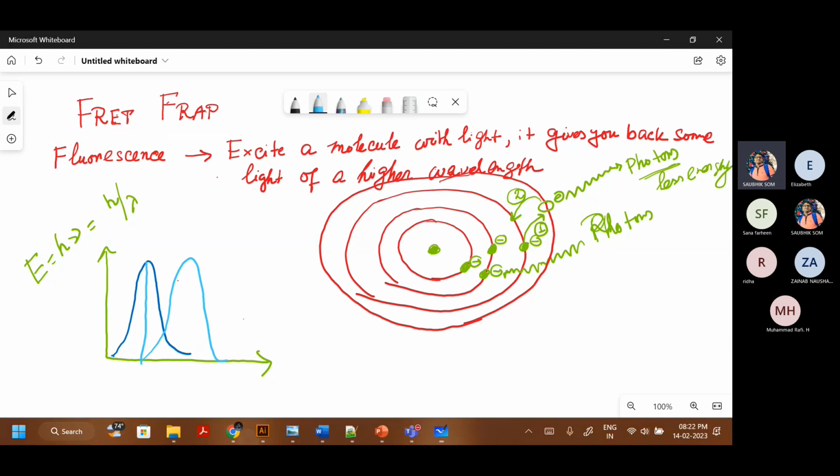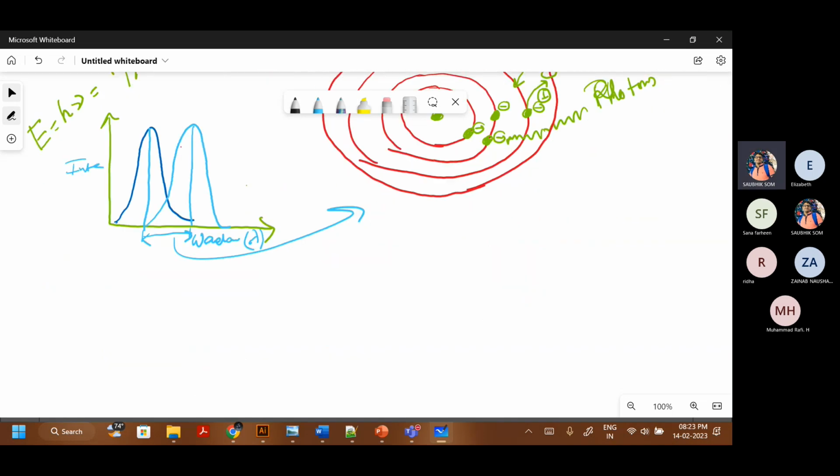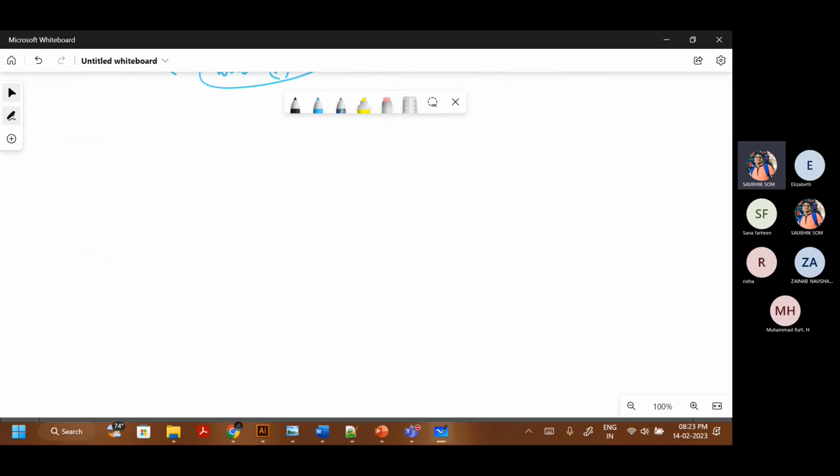This is my wavelength, lambda, and this is my intensity. So as you can see clearly, there is a shift in the wavelength, and this shift is also known as Stokes shift.